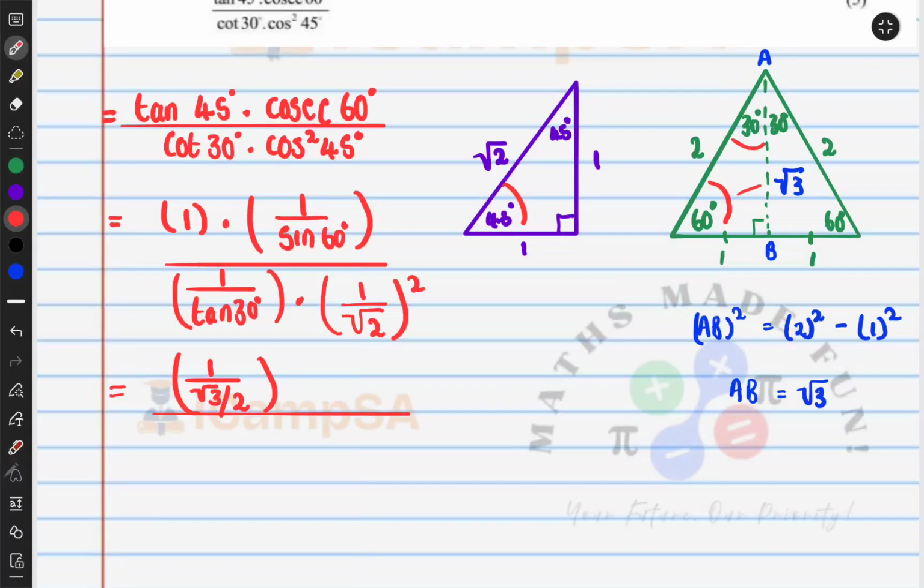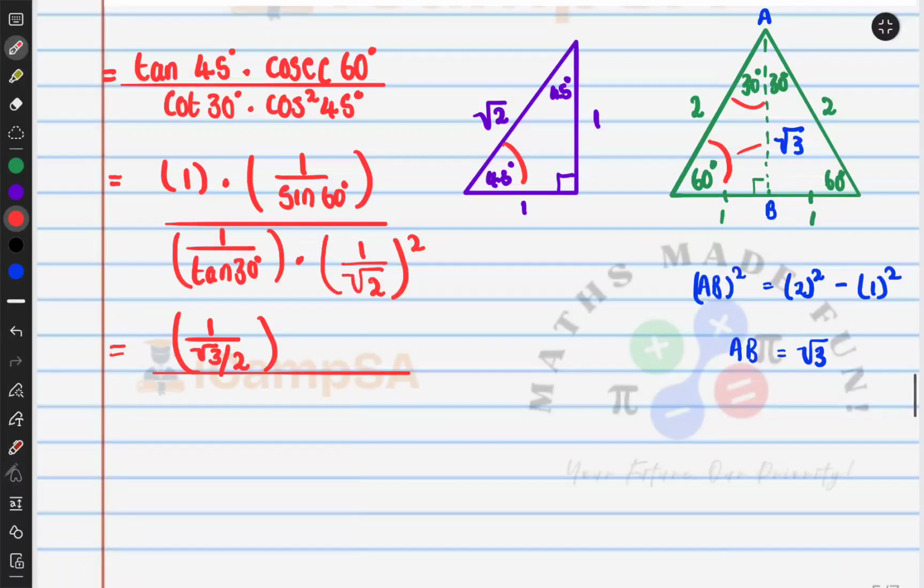Tan is opposite over adjacent. The opposite is 1 over the adjacent, which is root 3, so tan 30 is 1 over root 3. Hopefully you are able to make that distinction.